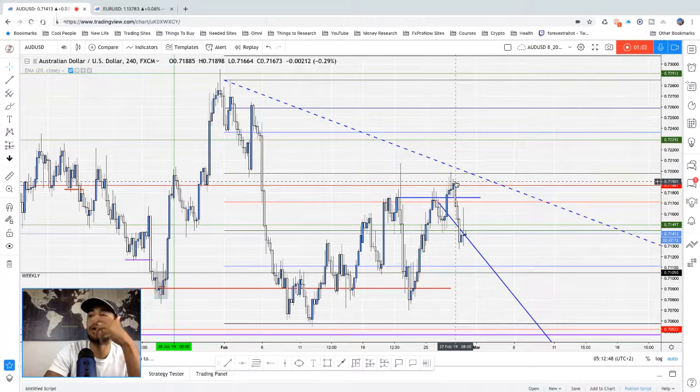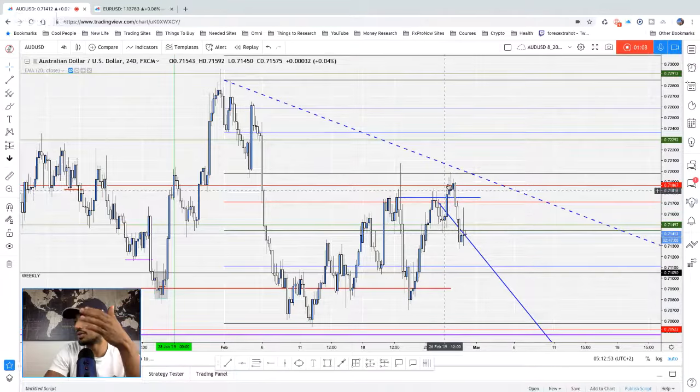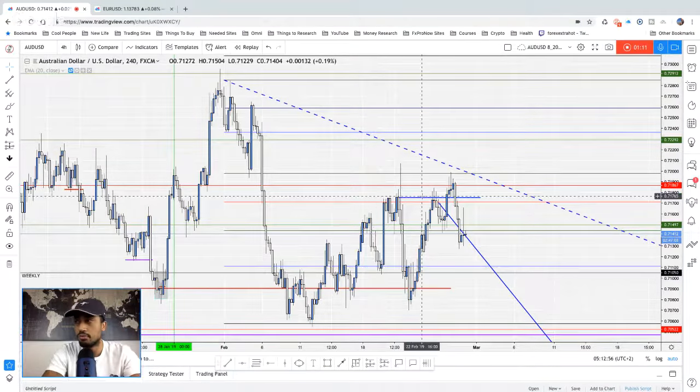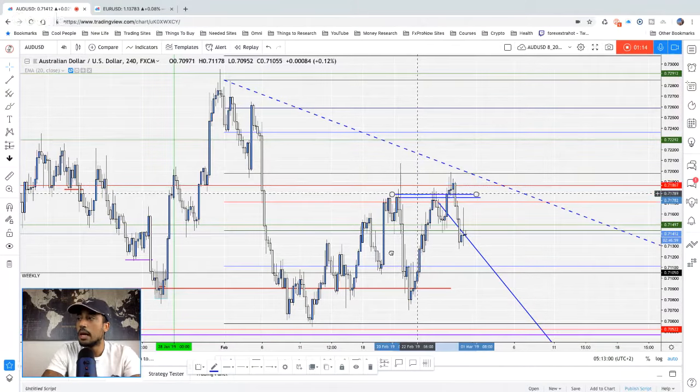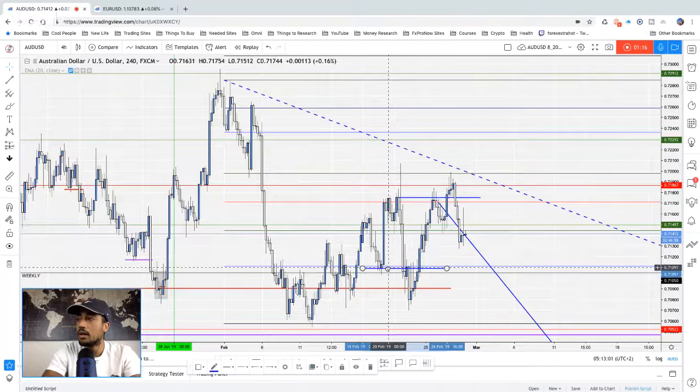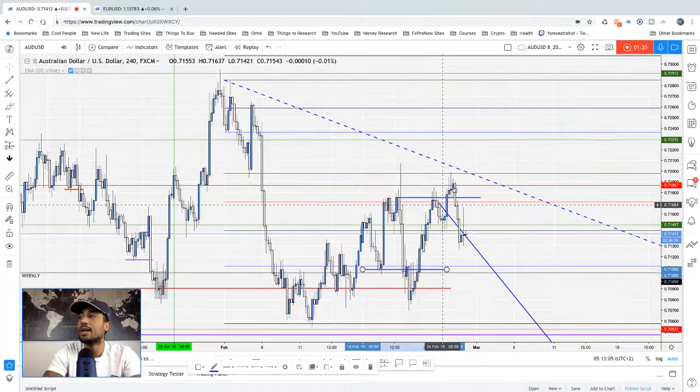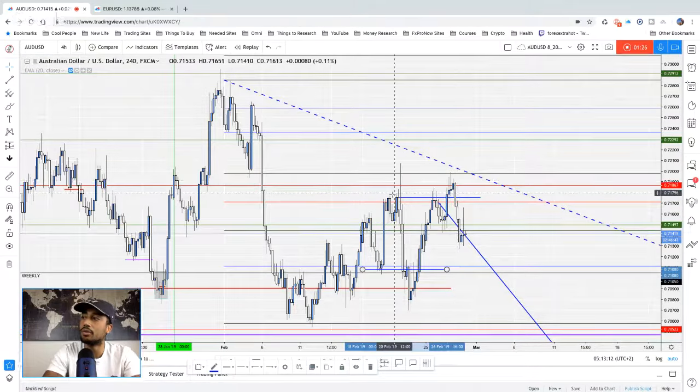That's what I call a real break, as opposed to just pushing through. Right here it broke through a level of support, which is cool, but what I like here is that it tested this area first, pushed down, and then continued and actually broke this level of resistance.